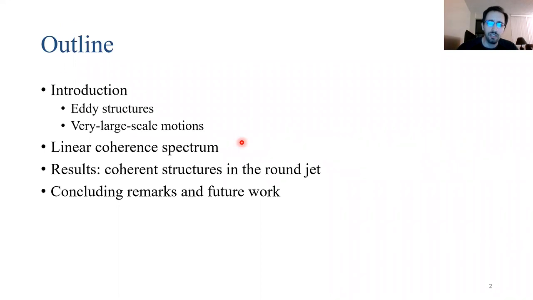I believe that Dr. Wotan Bars has already talked about the linear coherency spectrum in one of the previous talks in the same seminar series. He used it in the context of wall-bounded turbulent flows. I'll use it for the jet flows. And after that, I'll present some results regarding coherent structures in the turbulent round jets, and I'll present my concluding remarks and future work.